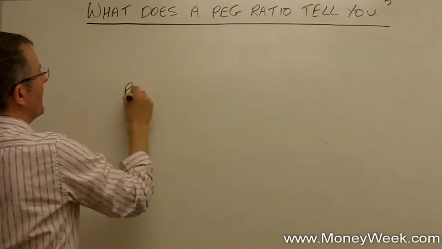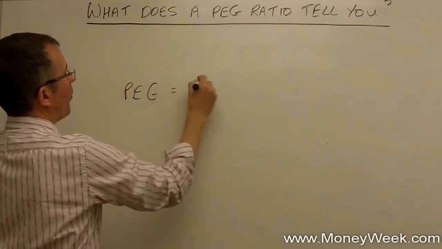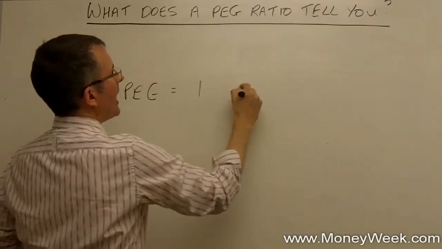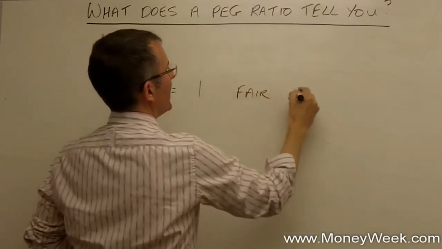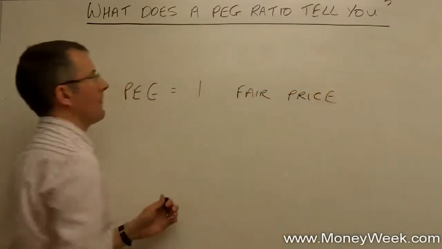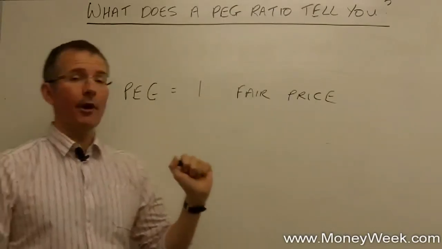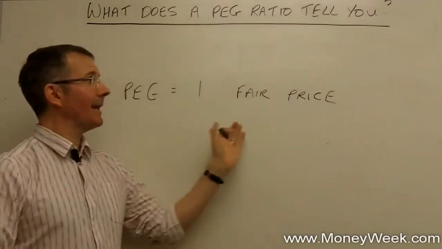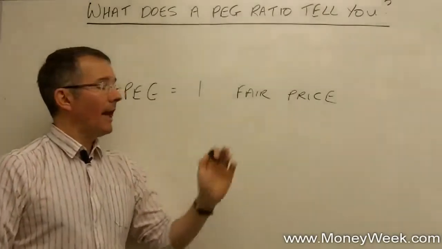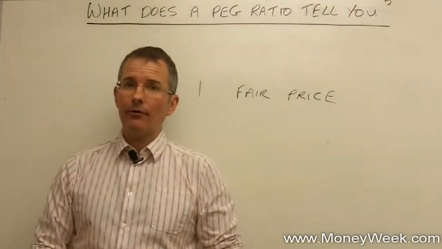Basically, if the PEG ratio is 1, then the share is fairly priced. So for example, if the PE ratio is 10 and the earnings growth rate is 10%, that mechanically will give you an answer of 1. And that would suggest to PEG fans a fair price.